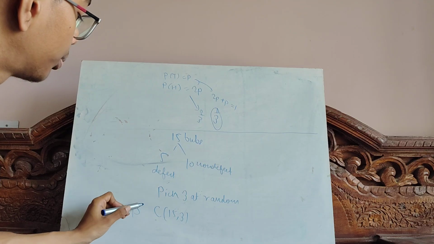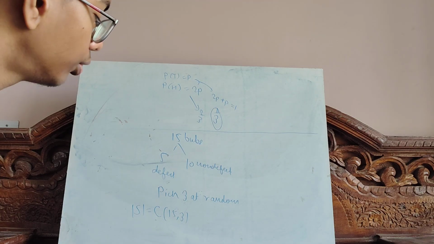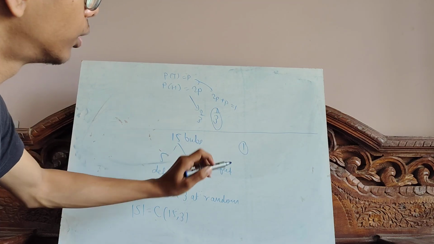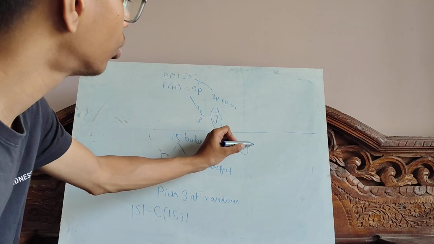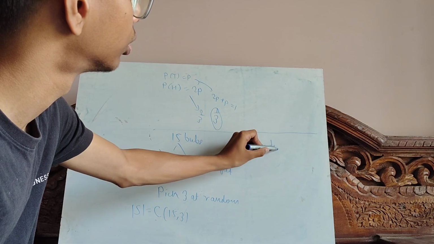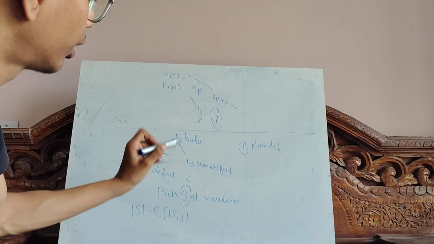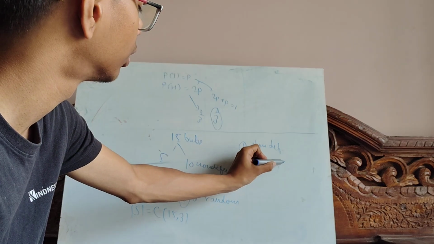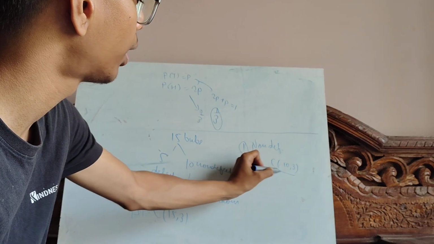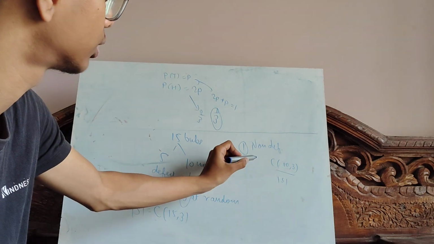This is my sample space, and first is probability of getting all 3 non-defective. So that will be, I am taking 3 from non-defective, so this will be C 10, 3 by sample space, right?